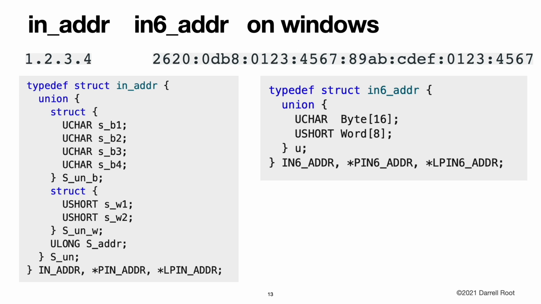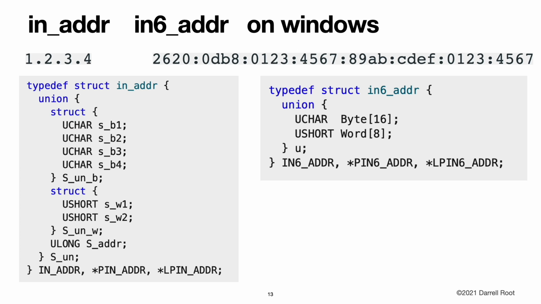You usually want to access it either with the 4 octets individually or one at a time. And these 4 octets, you can bet it's in big endian order. For the in6_addr, over here we have the in6_addr. An IPv6 address has 16 bytes, 128 bits. We can access it by the 16 bytes. Or another way of looking at an IPv6 address is that there are 8 hextets.